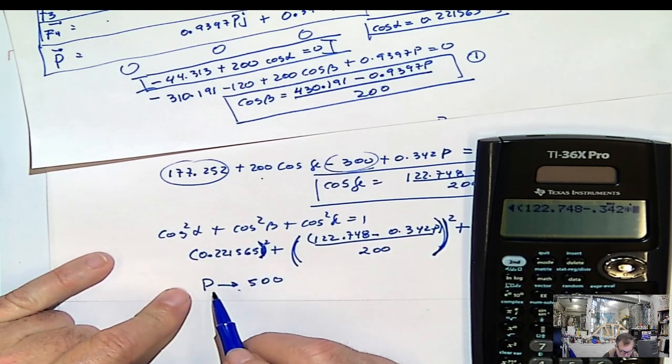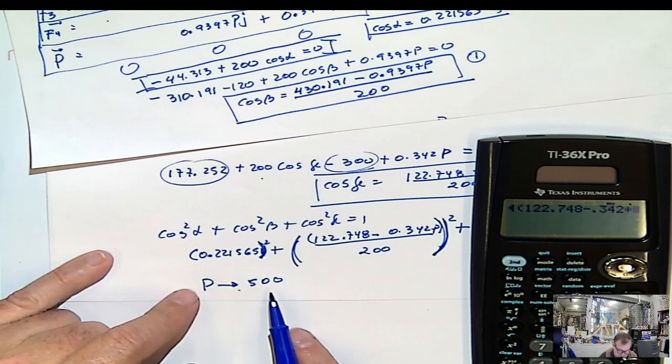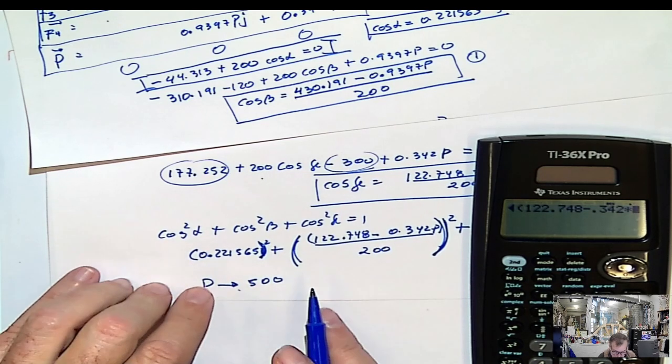Why 500? Because of the forces involved in the problem. It looks like a good first guess. I might be wrong, but it doesn't matter.